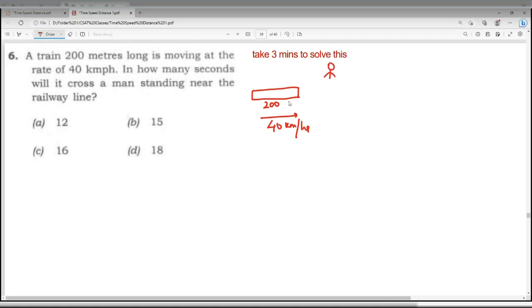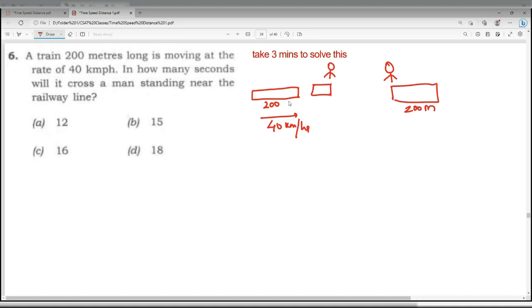We are asked in how many seconds the train will cross the person. So if the train has to cross, it has to come here, and when it has crossed it, the whole length of the train should have crossed the person. So the total distance is 200 meters.